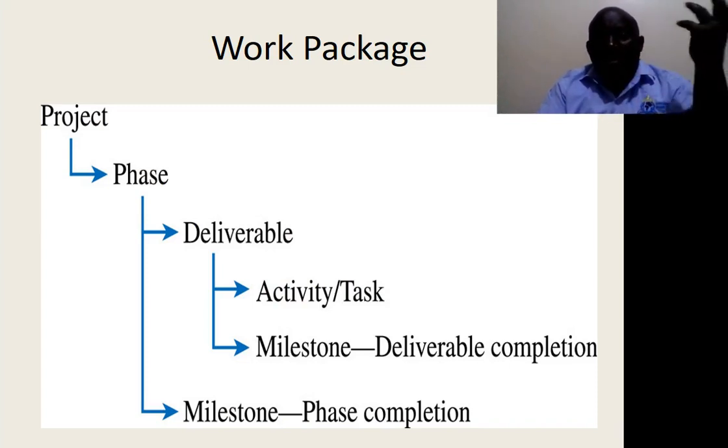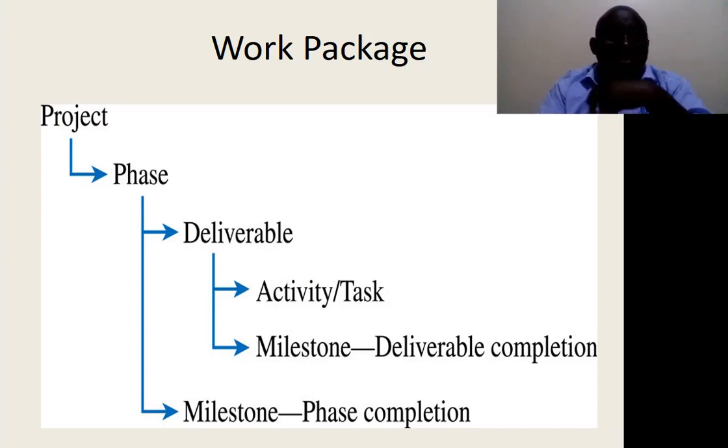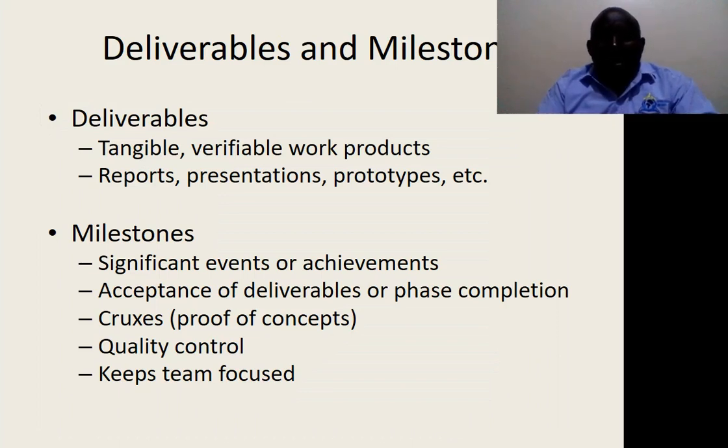You have the overall project, you want to look at the phases, then you want to move to the deliverables, and particularly the activities and tasks, and then the deliverable completion, and probably the completion stage, what you call the milestone. When we talk about deliverables and milestones, we are talking about those tangible things, those that one can easily verify that this work was actually done.